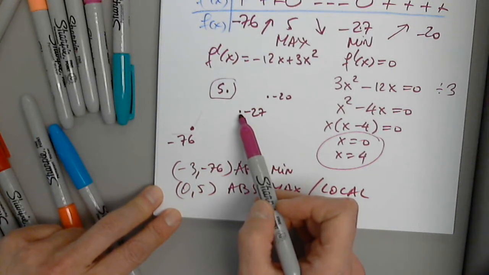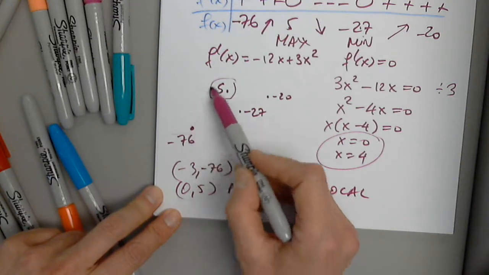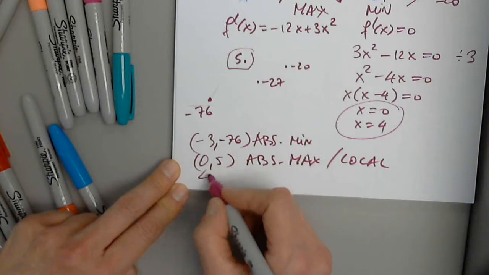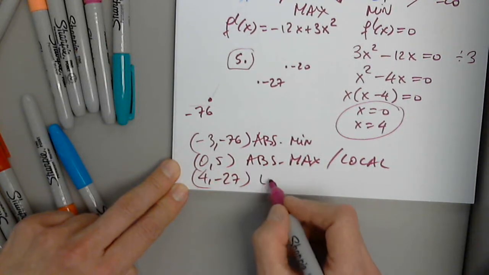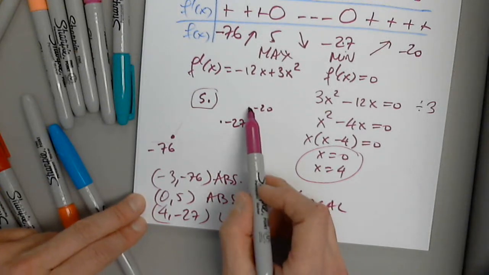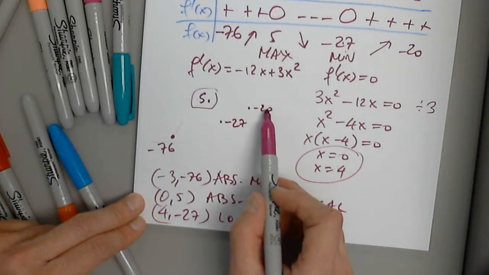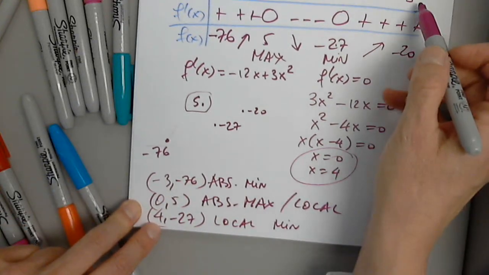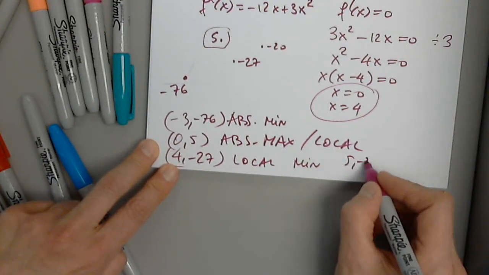Negative 27 is a local minimum, obviously, according to this. So 4, negative 27, local min. But this one, poor thing, is at the end of the interval. It's not the highest, it's not the lowest, it cannot be local. So I'm going to say 5, negative 20, nothing.